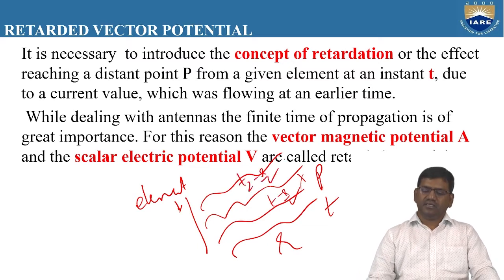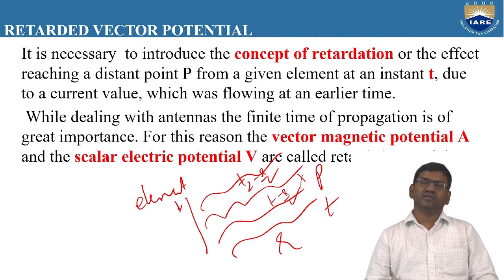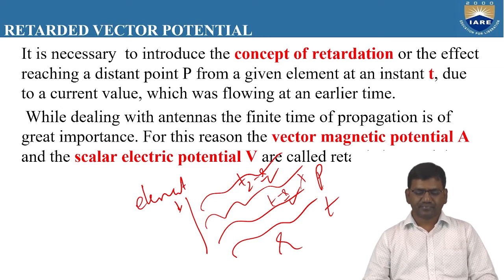So the effect of the given element at a distance is not only due to the current value, but also the effect due to the earlier time we need to consider.